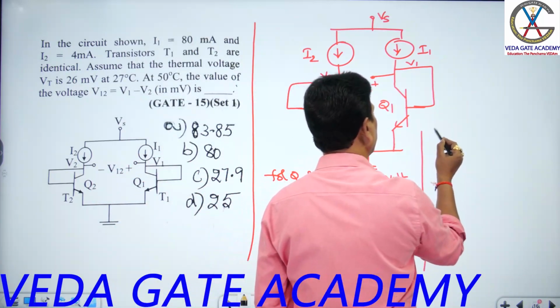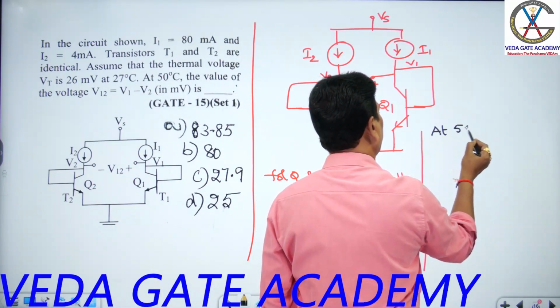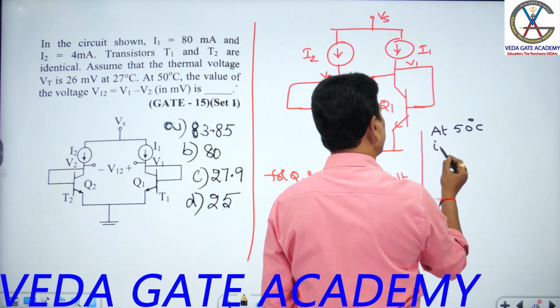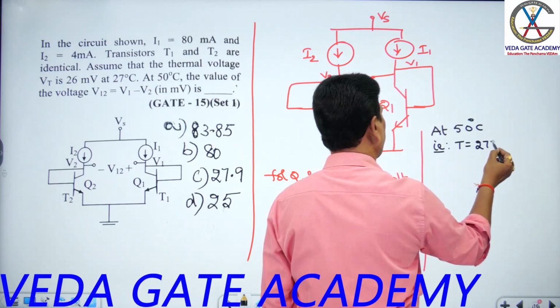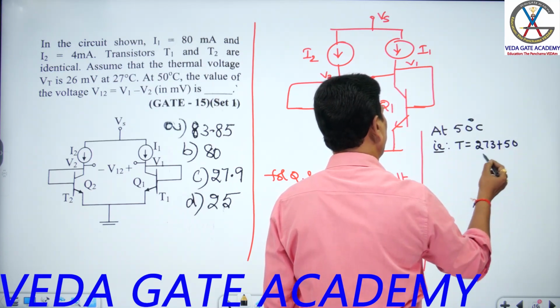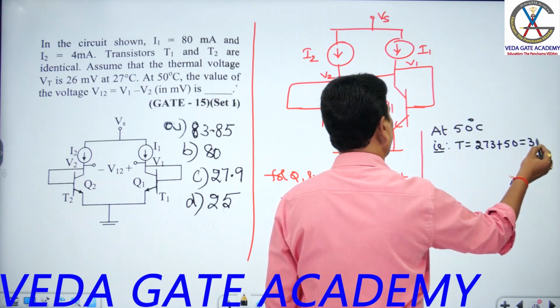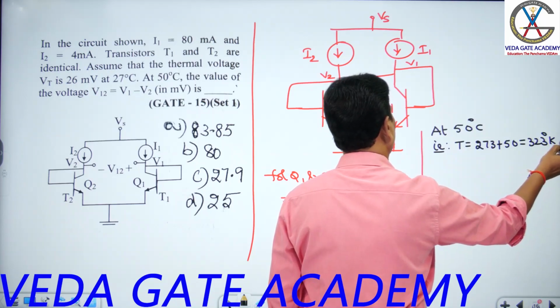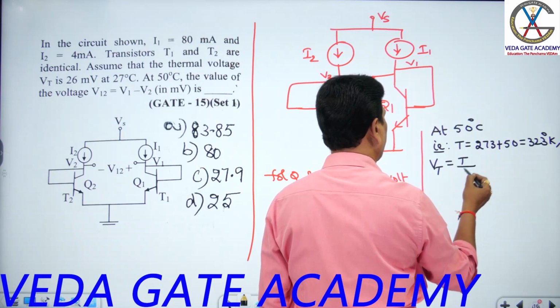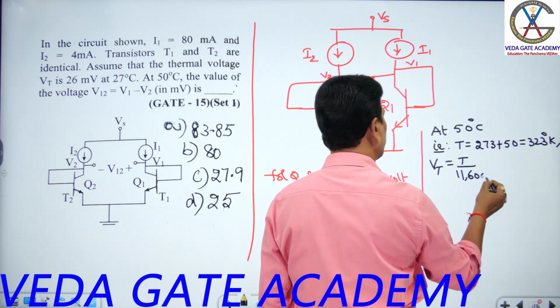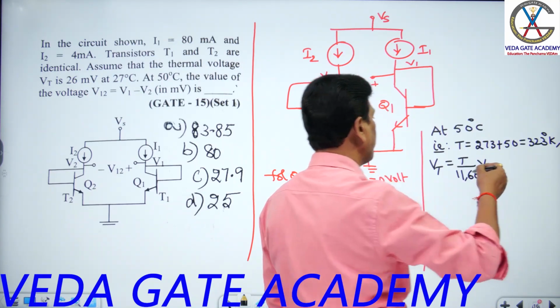Now I can go for it, sir. At 50 degrees centigrade, T equal to 273 plus 50, that equals 323 degrees Kelvin. So now I can go for VT, the thermal voltage, that equals the standard formula I know, T by 11,600 volts.